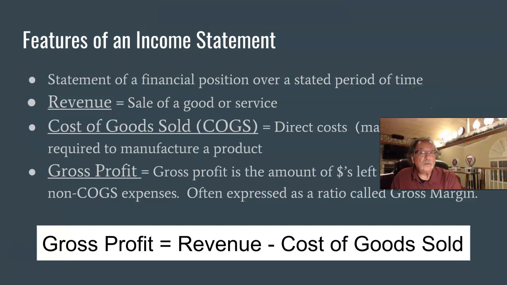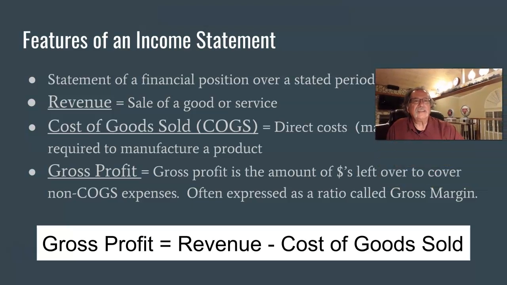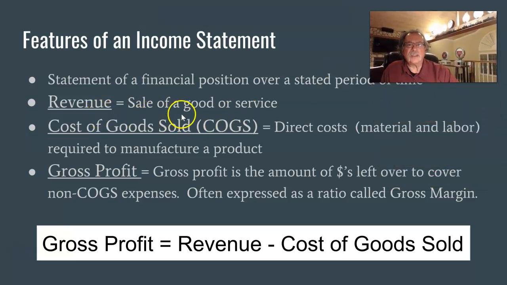The 10Qs will be for the prior 3 months. Each quarterly report is for 3 months. And so we have revenue, which is basically sales. This is not income, it's sales. Cost of goods sold, direct cost material and labor that are necessary to manufacture a product.